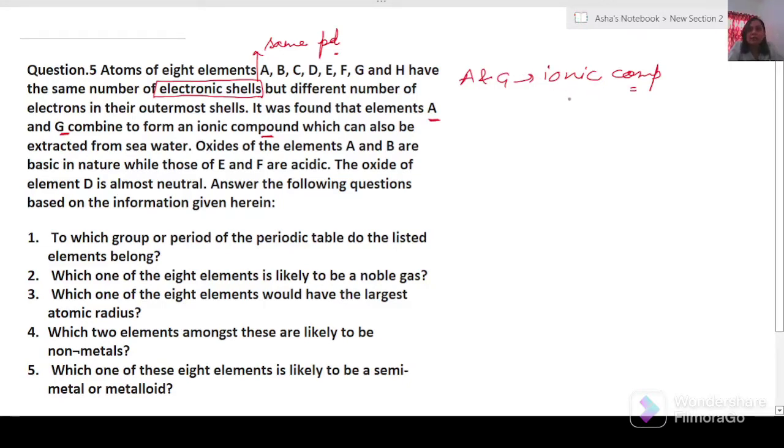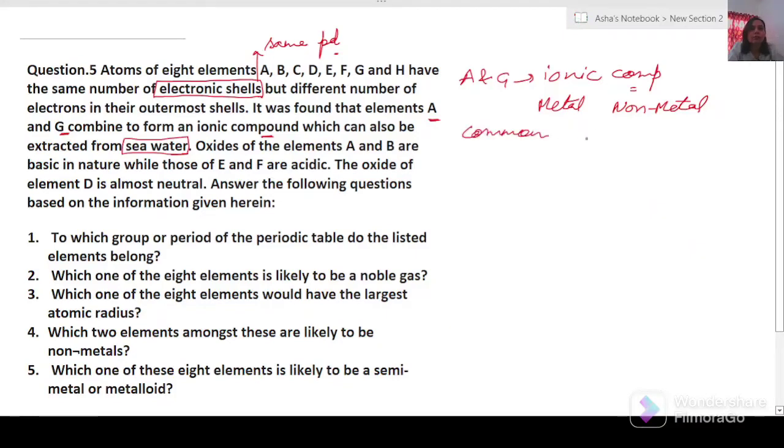Another piece of information you get here is that one is a metal and the other is a non-metal, which can also be extracted from seawater. A very popular compound usually taken out from seawater is common salt.